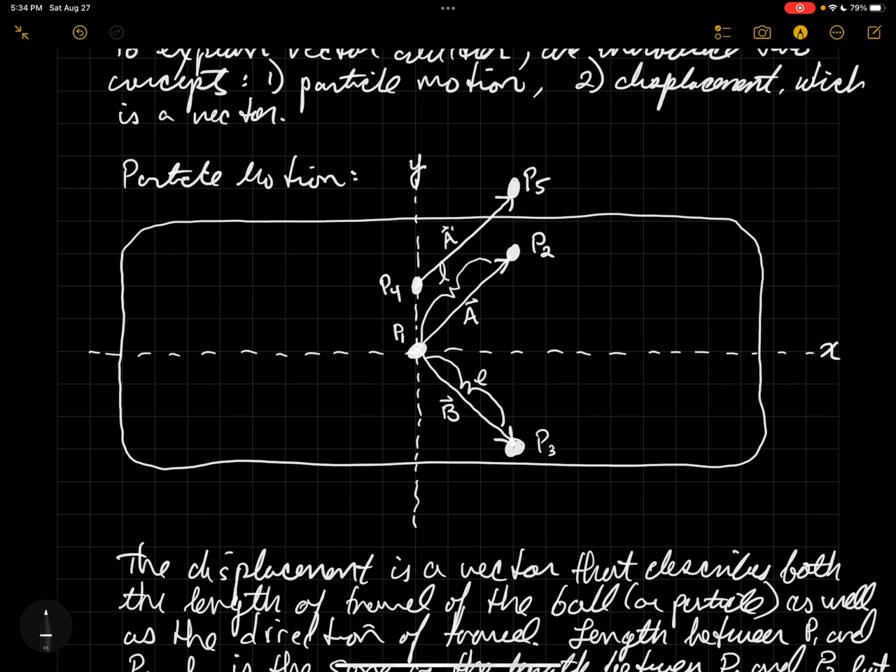Sorry about that. Same magnitude as vector B, but the opposite direction of vector B. And vector C is this vector that describes the displacement of the particle from P1 to P6. Okay? Same magnitude, opposite direction.